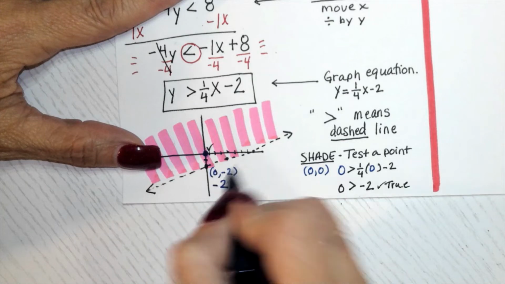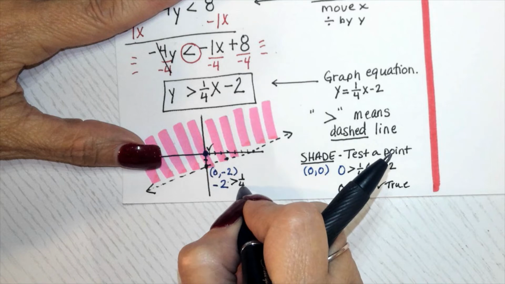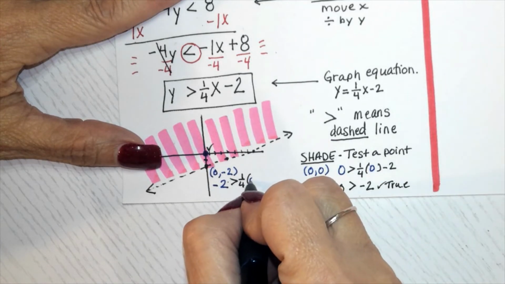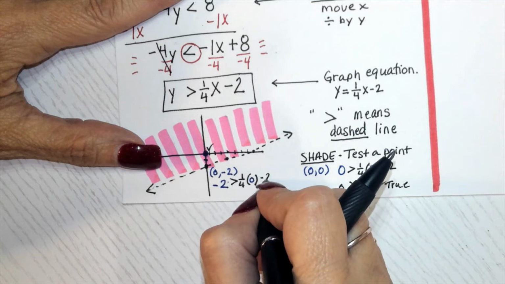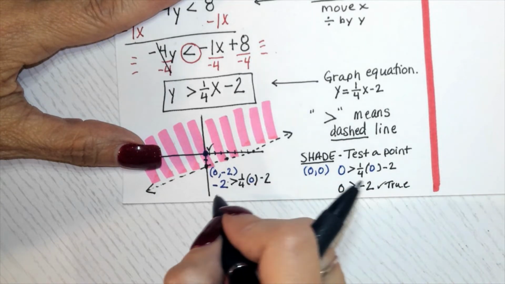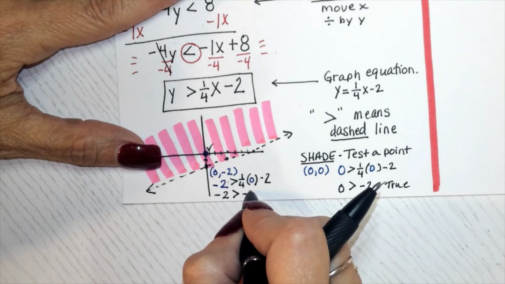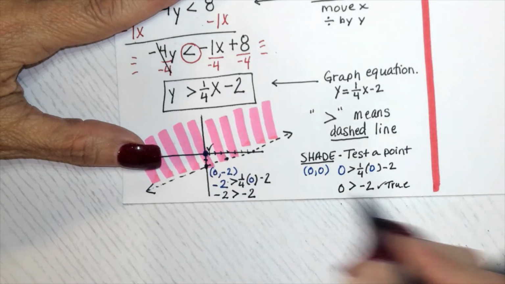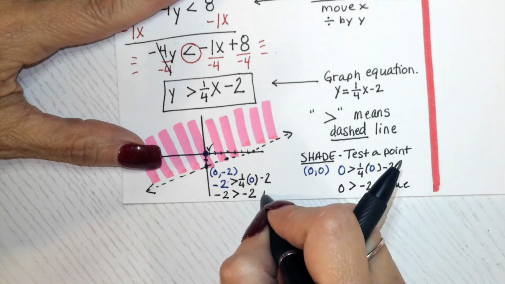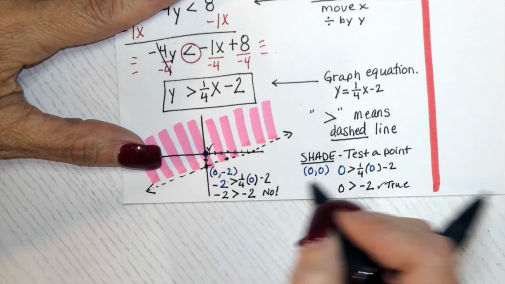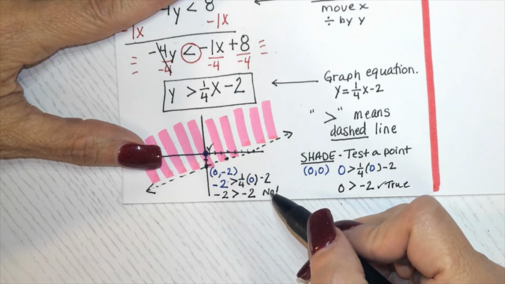So negative 2 greater than 1 over 4 times, and you may not have room on your paper to do this, and that's okay. You can just watch, minus 2. Here's what happens. You get negative 2 is bigger than negative 2. What? Is negative 2 bigger than negative 2? No, that is false. Negative 2 is equal to negative 2, but it's not bigger than itself.